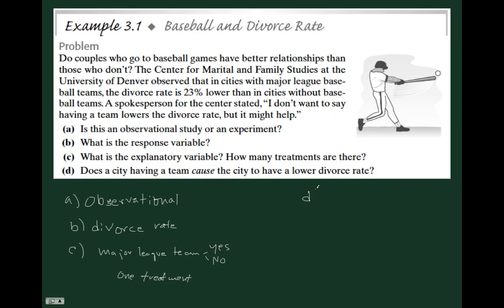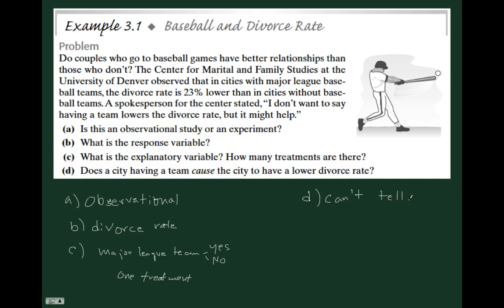And then part D is where we talk about this idea of cause and effect. Well, again, we have to be careful here, and the answer is we don't know. So the question is, does a city having a team cause the city to have a lower divorce rate? And the answer here is that we really can't tell. And the reason we can't tell is because we haven't done a designed experiment here.